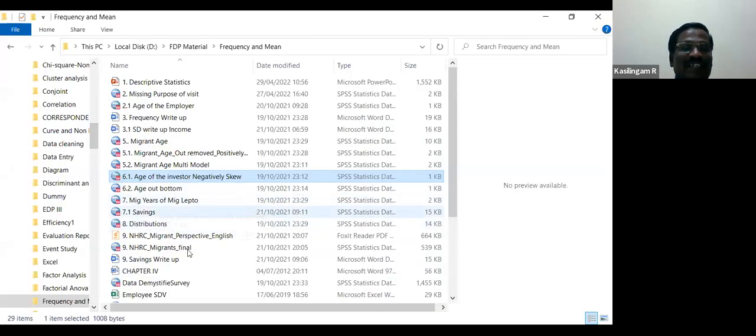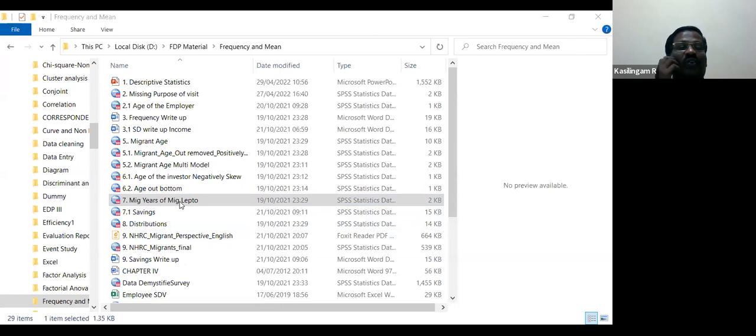Years of the migrated life. So the example for leptokurtic: years of the migrated life, which means the migrant laborers, how many years they are living in the migrated place.